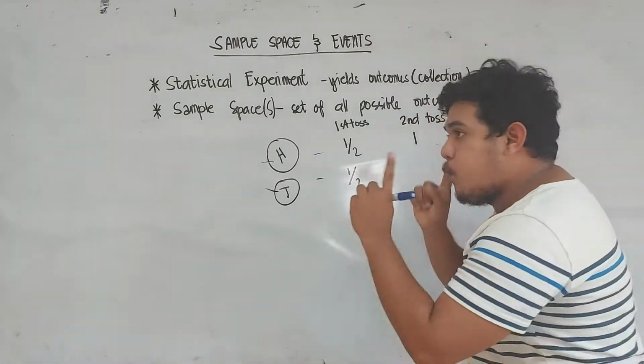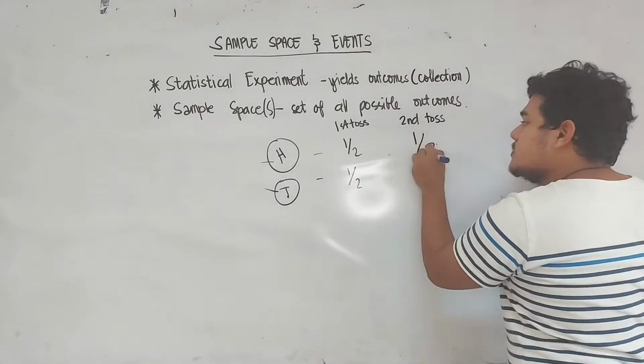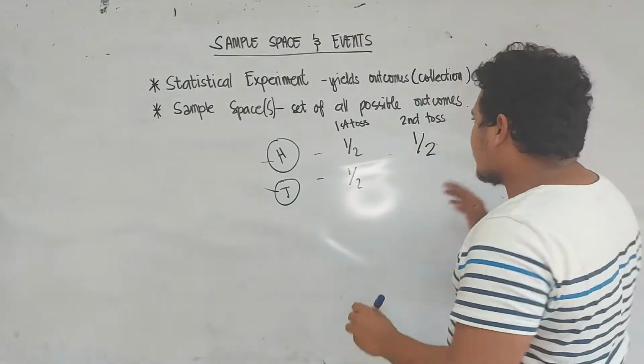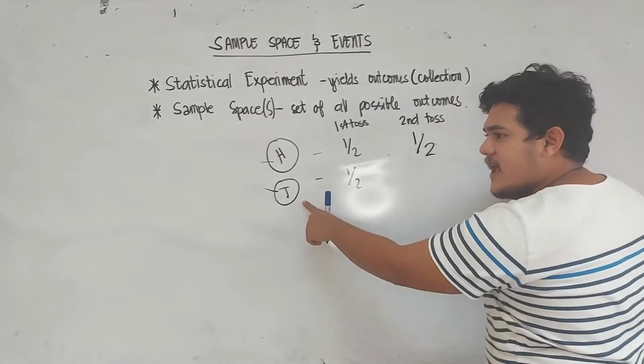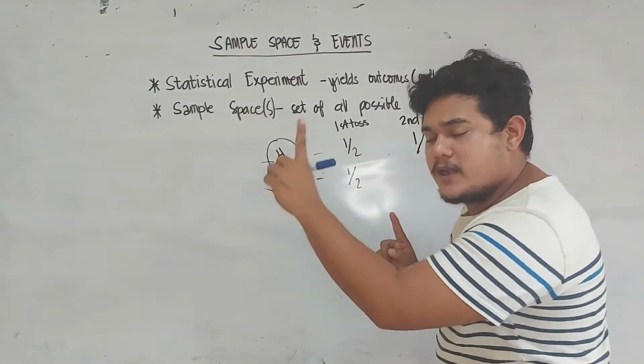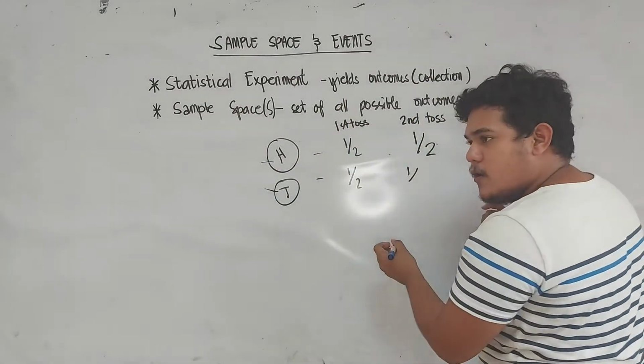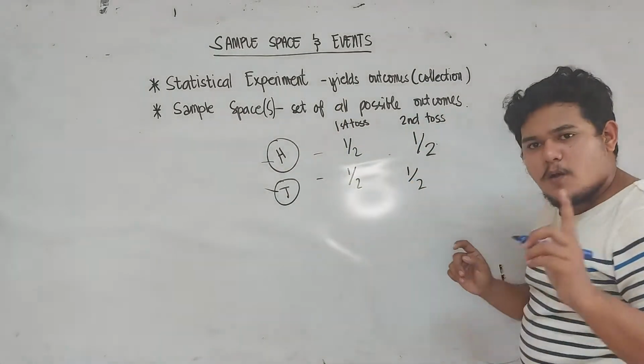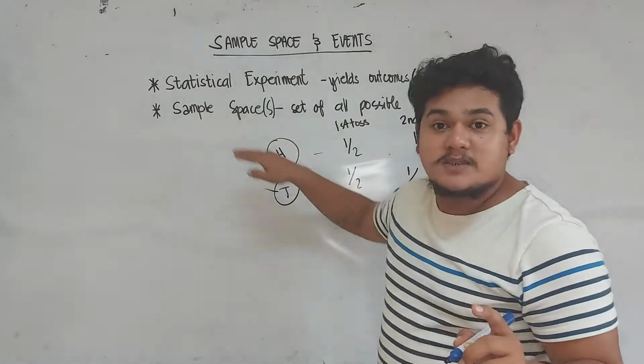So meaning, 1 head out of 2 sides. In the second toss, what is the probability of getting a tail? One tail out of two sides, 1/2. Did you get it?